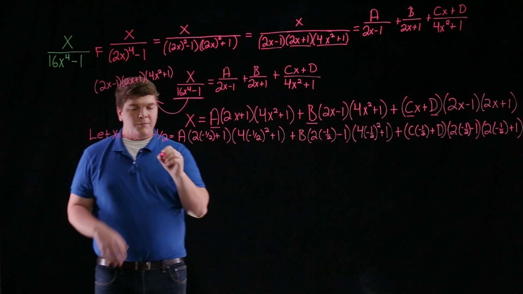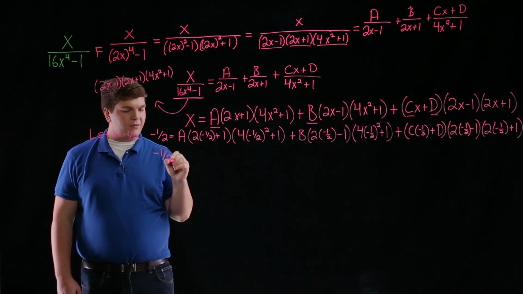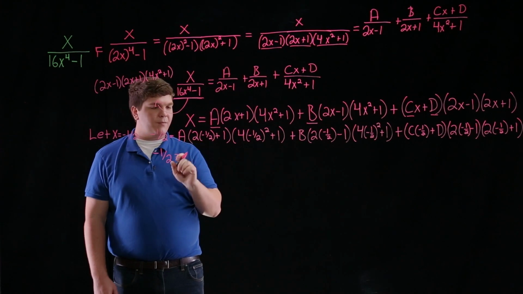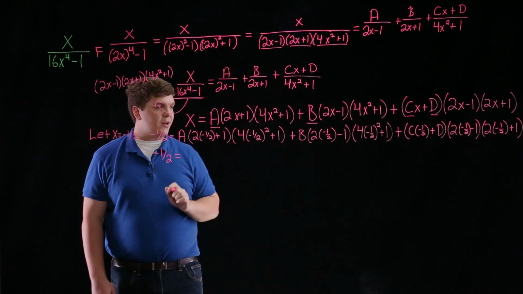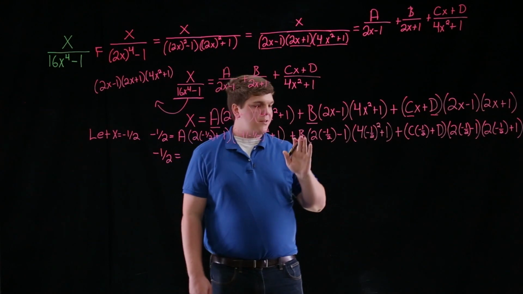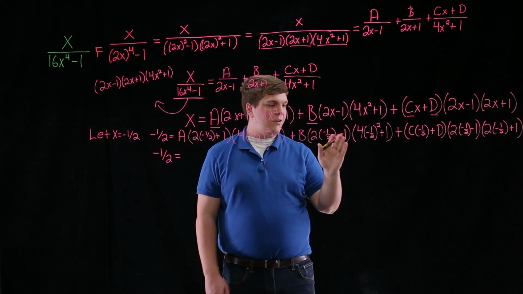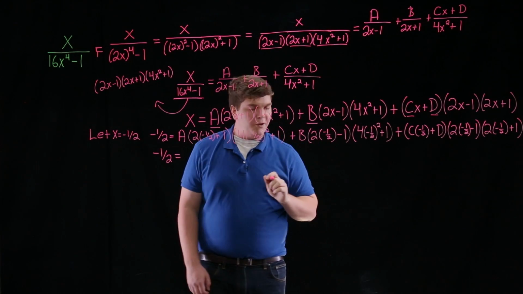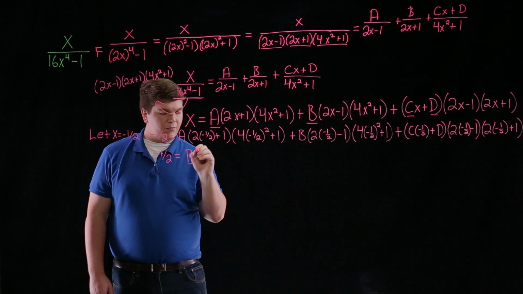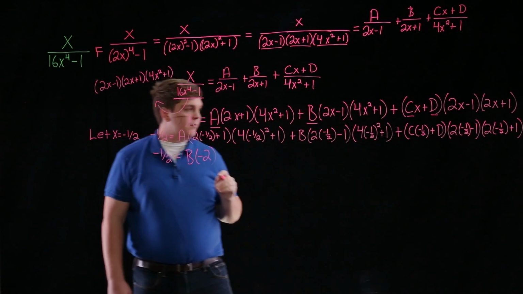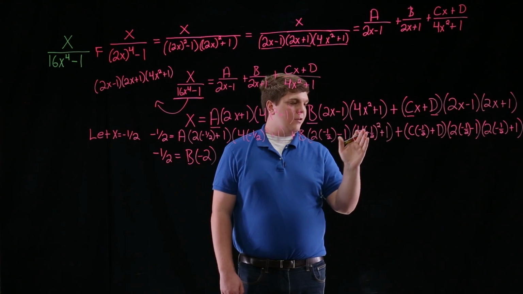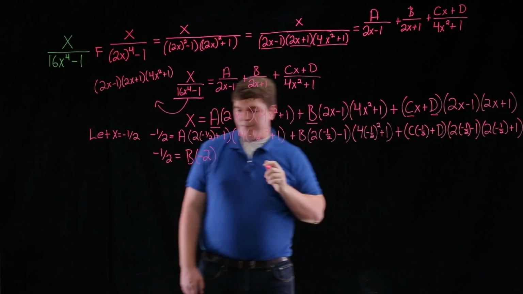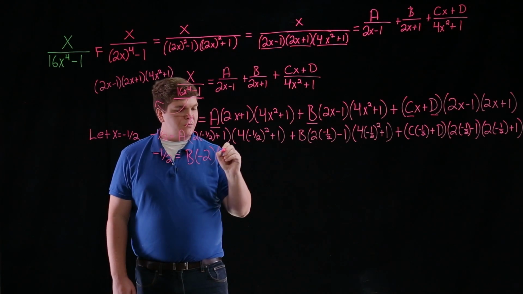So what we end up with here is negative 1/2 is equal to a times negative 1 plus 1. So this term cancels and becomes 0, plus b times negative 1 minus 1, which is negative 2. Here we have 4 times negative 1/2 squared, which would be 4 times 1/4, or 1, plus 1. So b times negative 2 times 2.